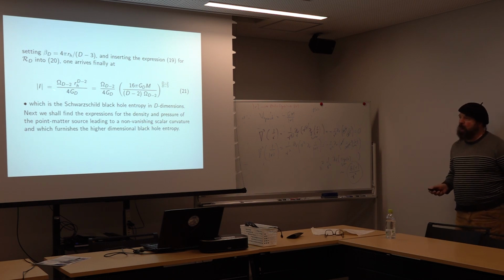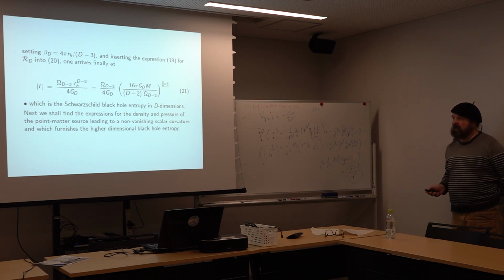I have the famous 1/4, okay, and this is the area of a hyperspherical horizon. Remember, when I'm working in d dimensions, these are my two transverse directions to r and t. So this is the area of a hyperspherical horizon.